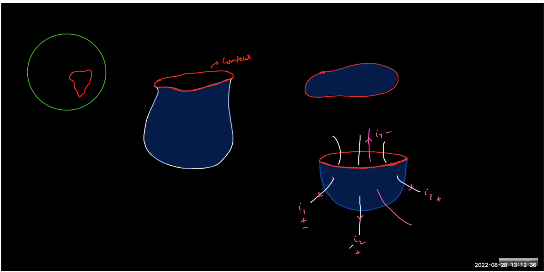Or if these are negative, then these are positive. So what we can realize is that there are two possibilities, and that's the source of confusion: how to take the direction and say one as positive and the other as negative.